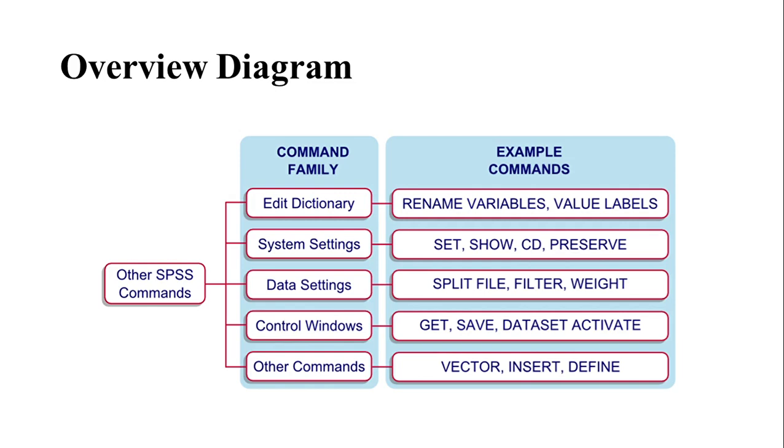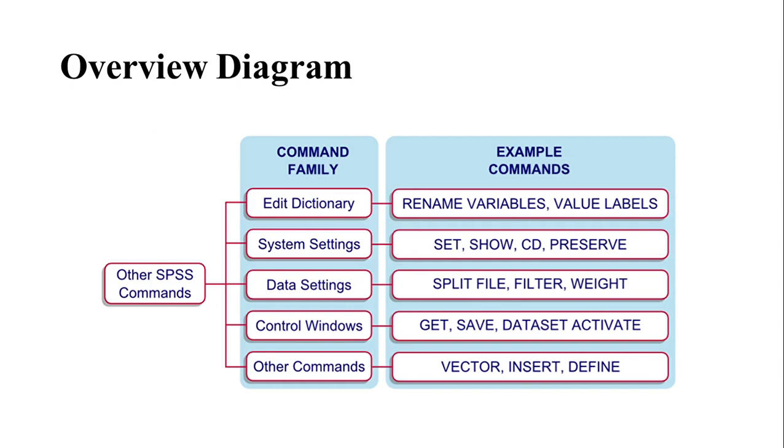Inside the dictionary, examples of commands that we have are rename variables and value labels. Then the second command family is the system settings. Inside the system settings, we have set, show, cd, and preserve.